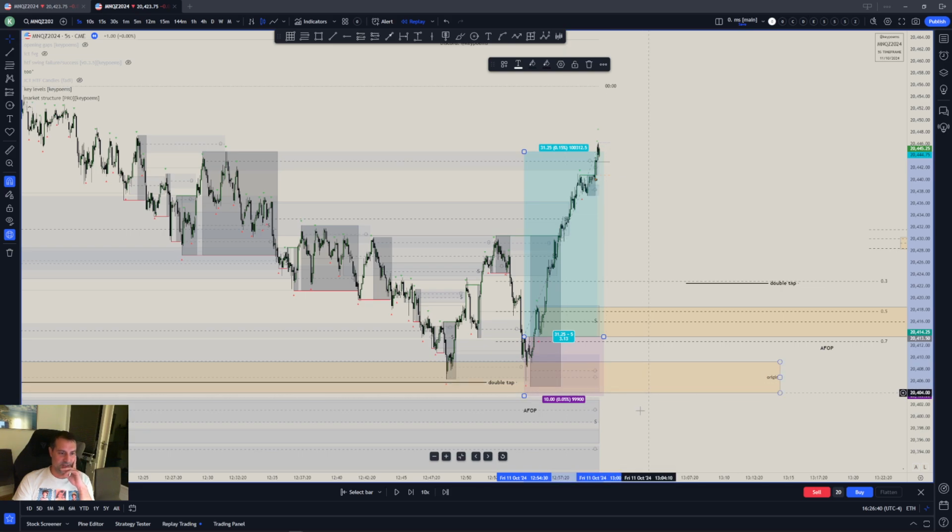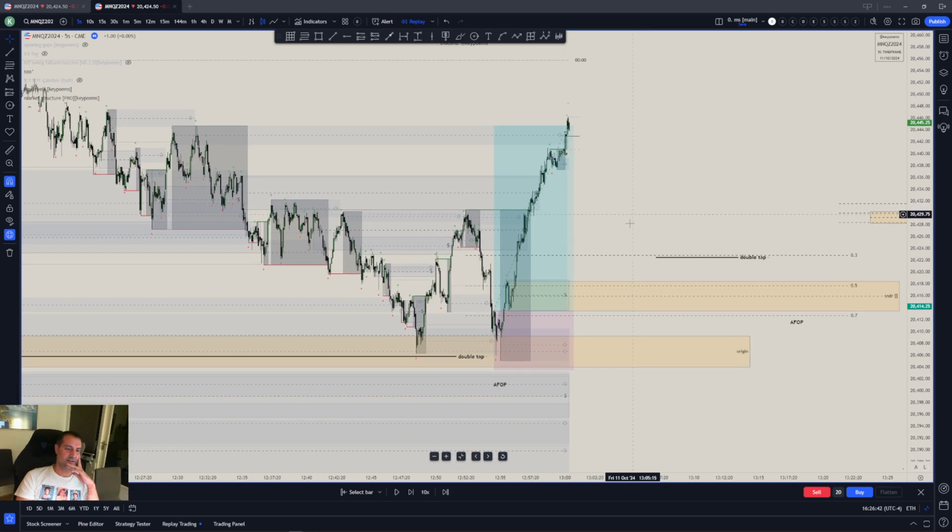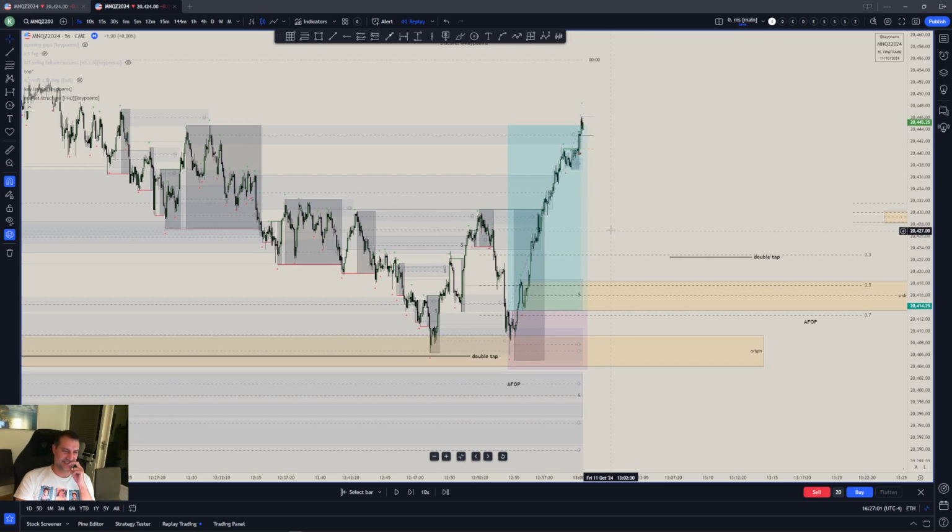Casual 31 points, with a 10 point stop. So that's 3R in 6 minutes. Vertical run, no drawdown. Nice.